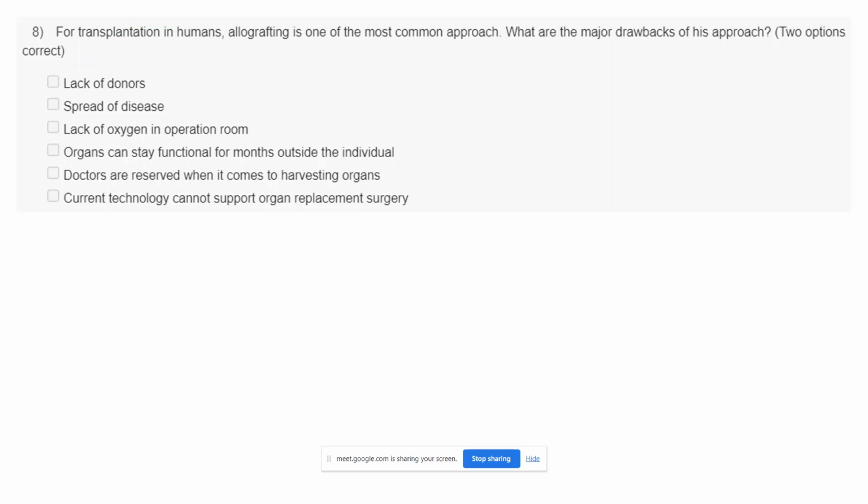Next question. For transplantation in humans, allografting is one of the most common approaches. What are the major drawbacks of this approach?